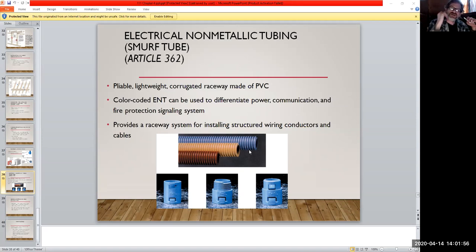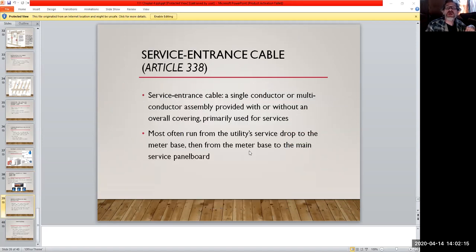Using a non-sealed connector on the end, you might as well just not have run the crap. So make sure you match up the right connectors to the right kind of tubing. Smurf tube, because of the blue. But yeah, you'll run into a variety of this stuff out there.